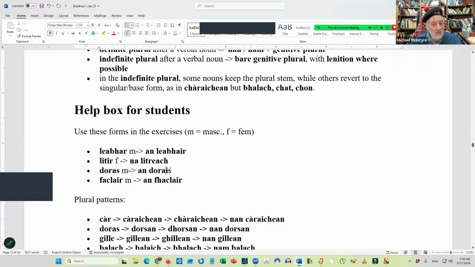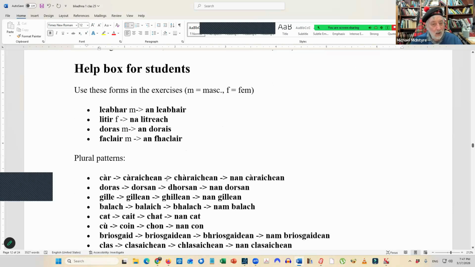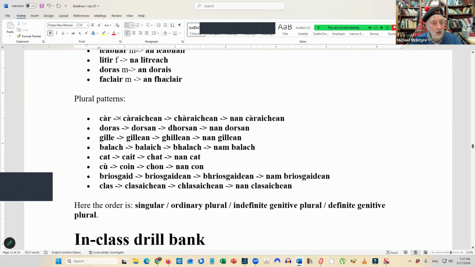Note that the I before the S gives us this SH sound: dorish, doros, dorash. Fachler, an achler. And plural: car, caracan, characan, non-caracan; Doris, Dorson, Gorson, non-Dorson; Gila, Gilan, non-Gilan.